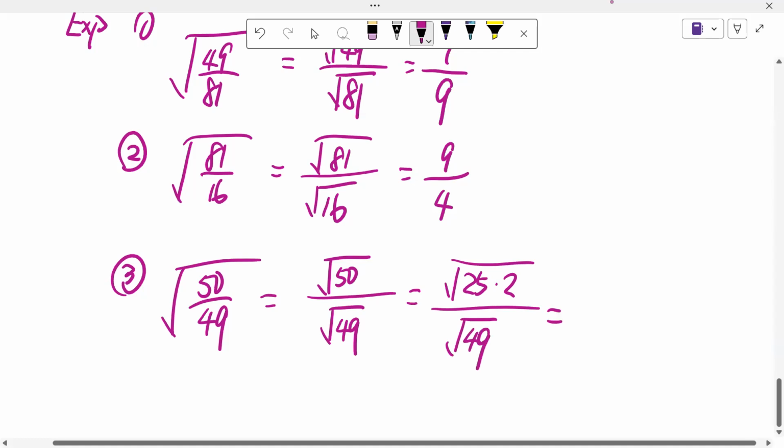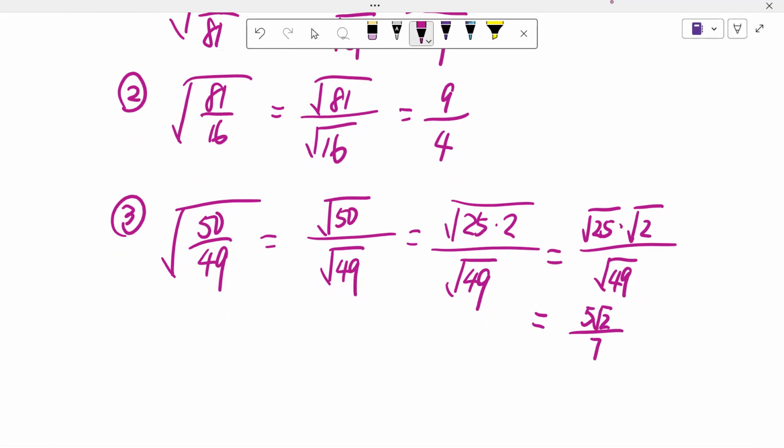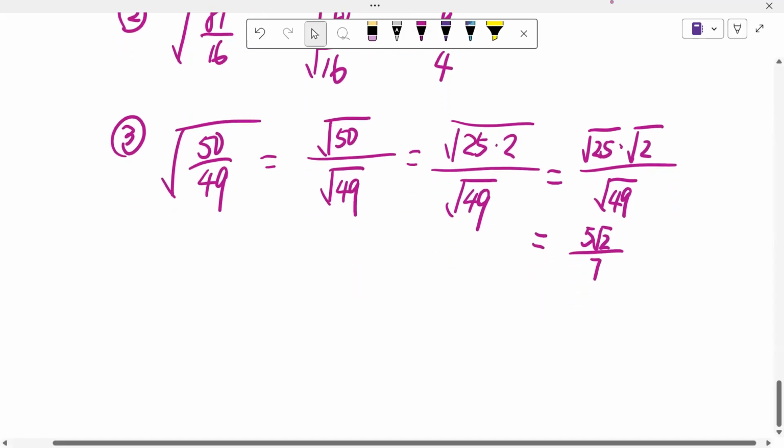And we get the square root of 25 times the square root of 2 over the square root of 49. The square root of 25 is 5, so we get 5 square root of 2 over 7. Any question about this? So it's like keep breaking down, right? Using the property to break down and using all the common roots to simplify.